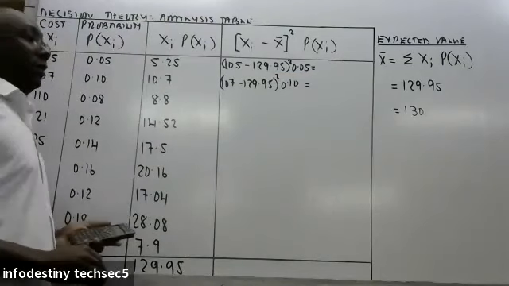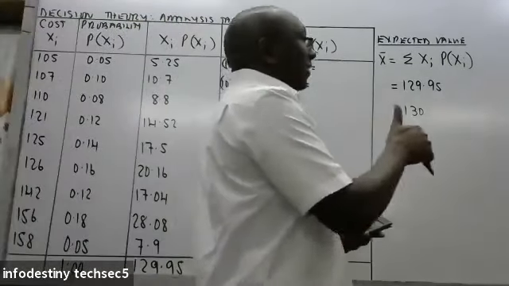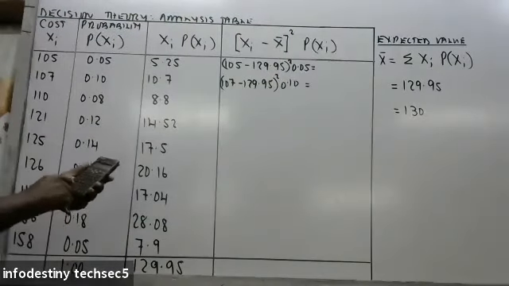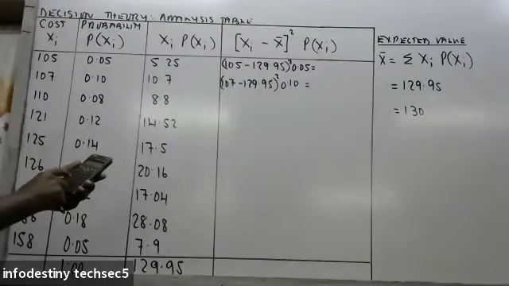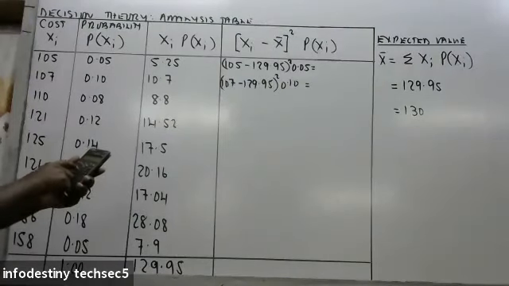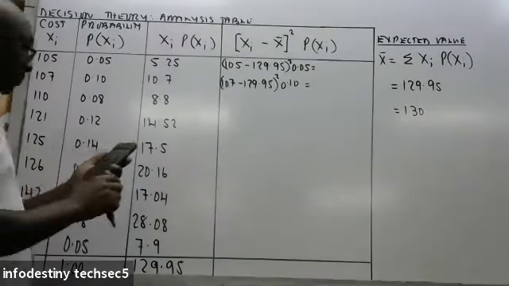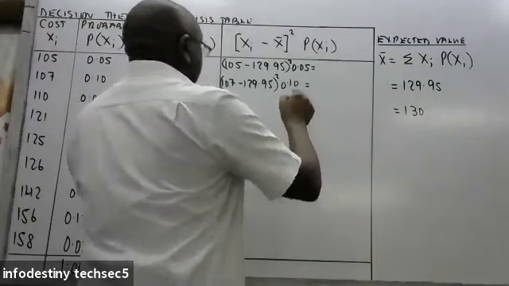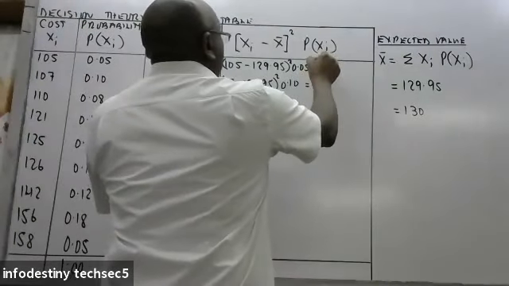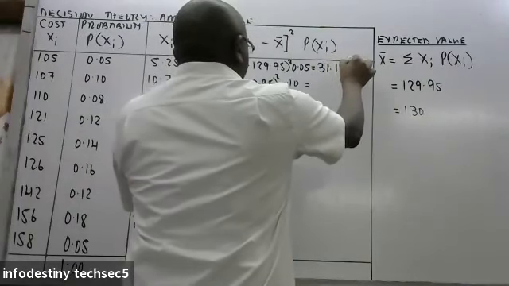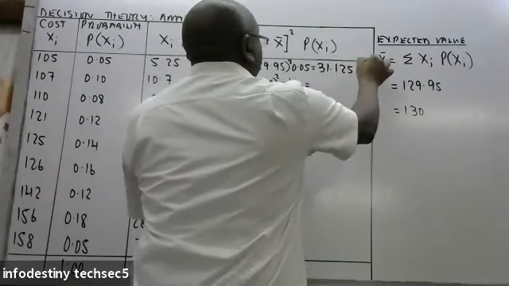So you do the same thing all the way down. So now I say 105 minus 129.95. We square that, multiply by 0.05. Okay, I'm getting a very high value of that, 1.125125.